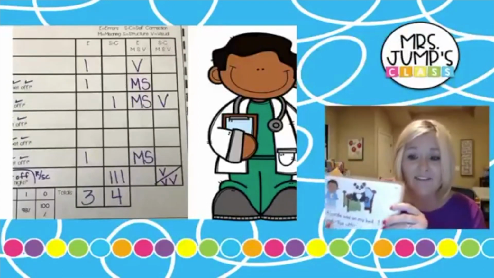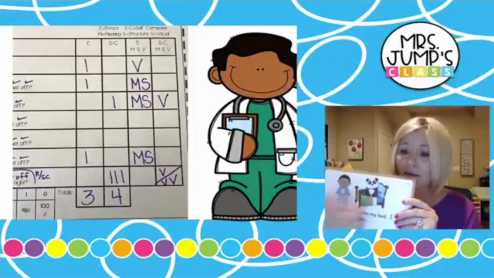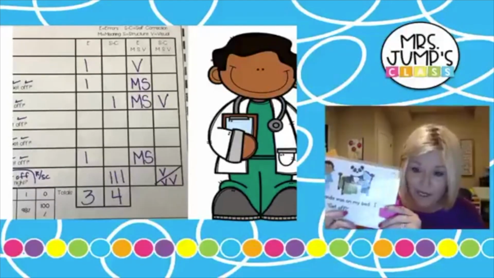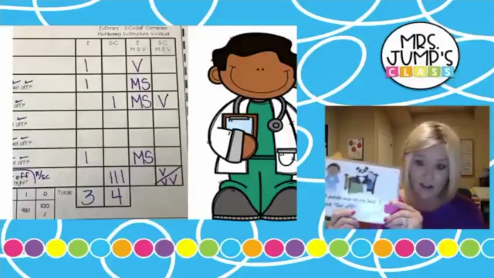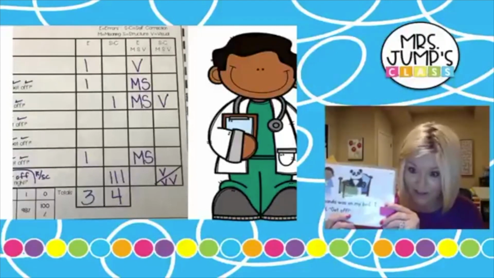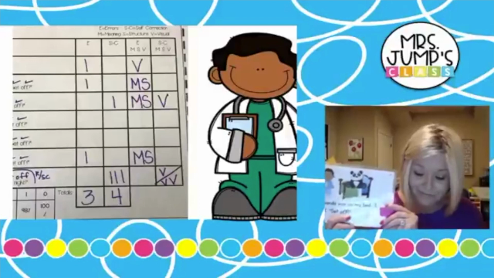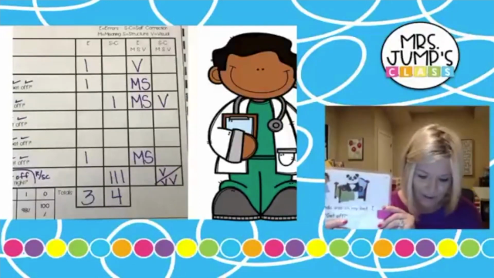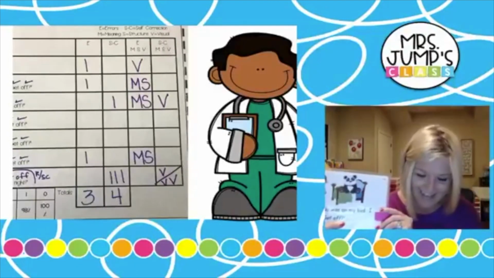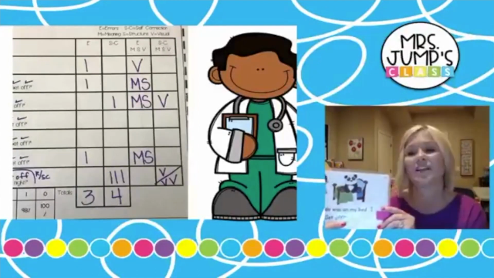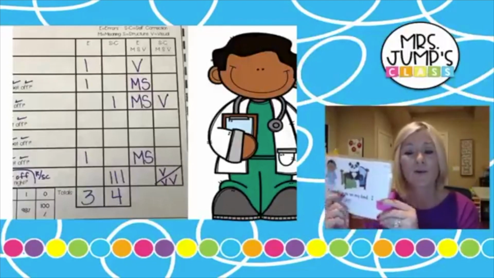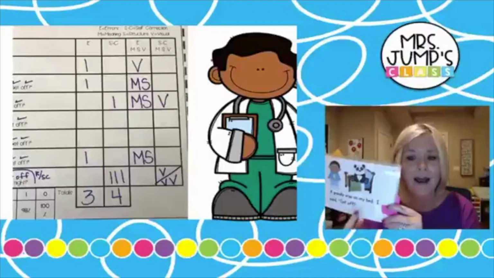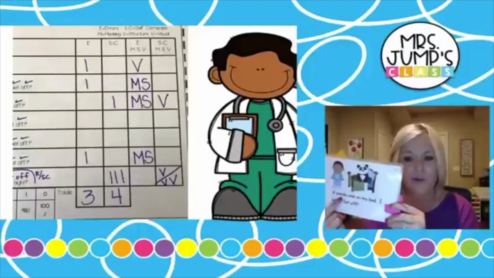Okay, if they don't have schema for this is a panda, they may just call it a bear because it does have features of a bear. They may not know the word panda, or they might have just seen it and automatically said bear using the eagle eye strategy, using the picture, right? So, meaning, it does make sense. Structurally, a bear, yes, that makes sense. What about visually? Okay, we could say visual because, like I said, they were using the picture, okay? But I'm wanting them to cross-check the picture with the word.